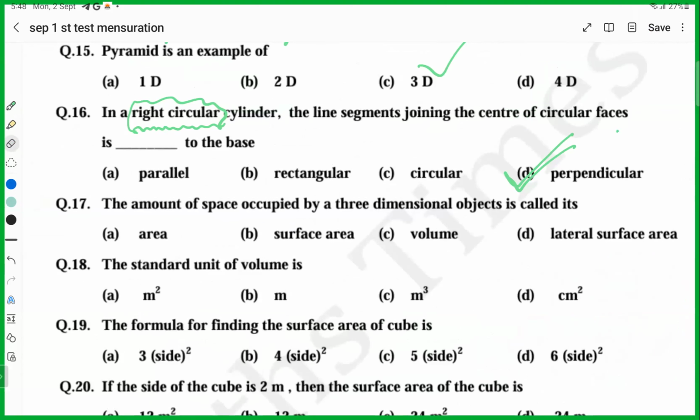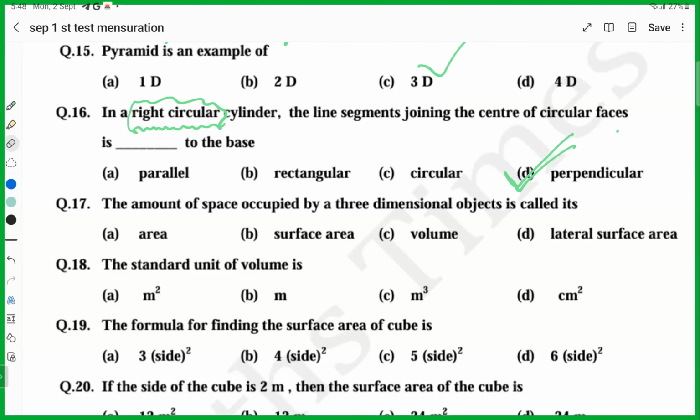No, sir. So just now, one of our friends asked what is lateral surface area. So what is lateral? In general, without any mathematical knowledge, if I tell you lateral, what do you think about it?